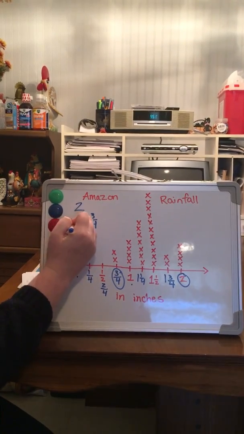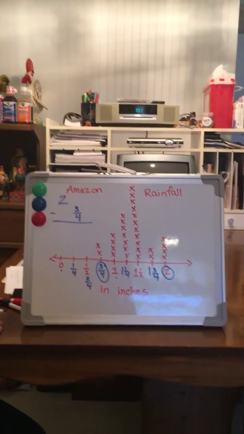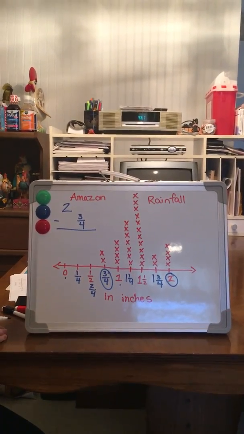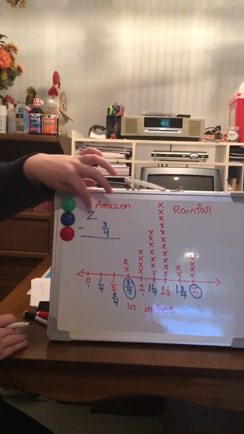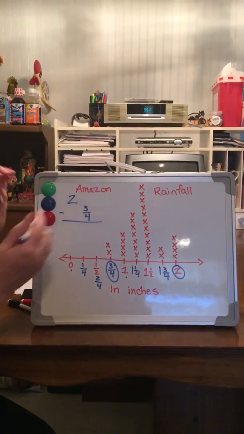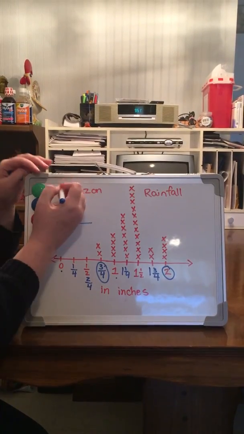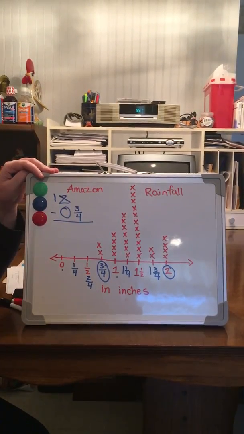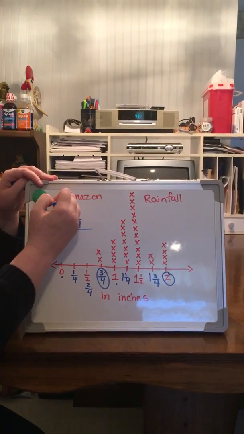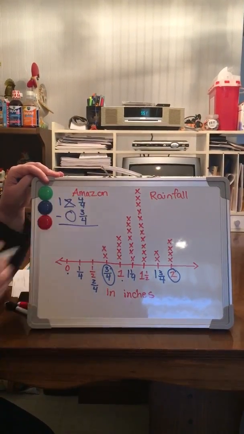Now, when you see this, you'll see one of those subtraction problems where we're going to need to borrow. Because you'll notice that it's just 2 and nothing is over here when I'm subtracting. So I'm going to take 2 and I'm going to make it a 1. But remember, when you make this a 1, you bring the 1 over here, and 1 is the same as 4/4.